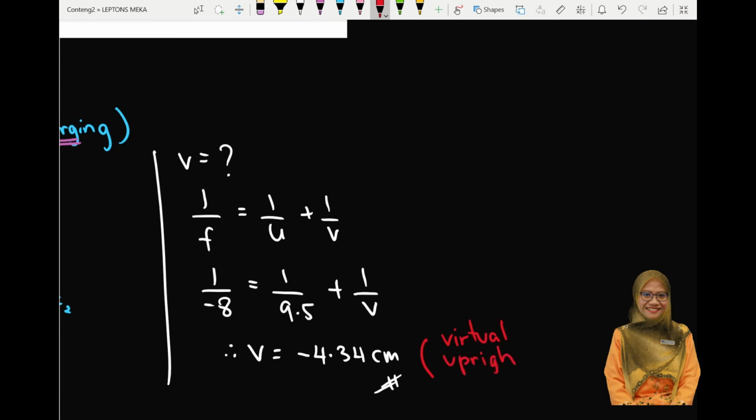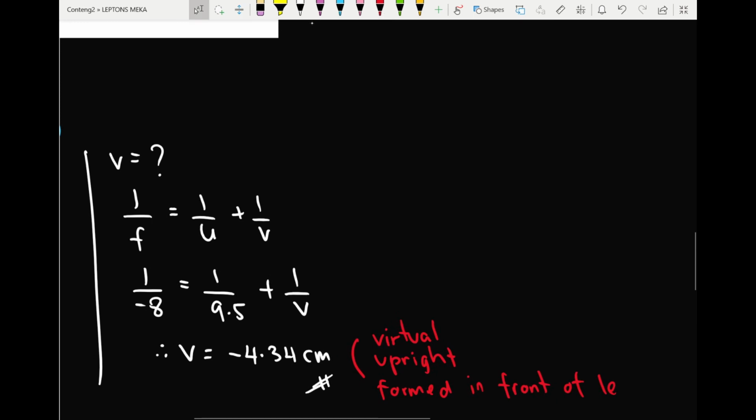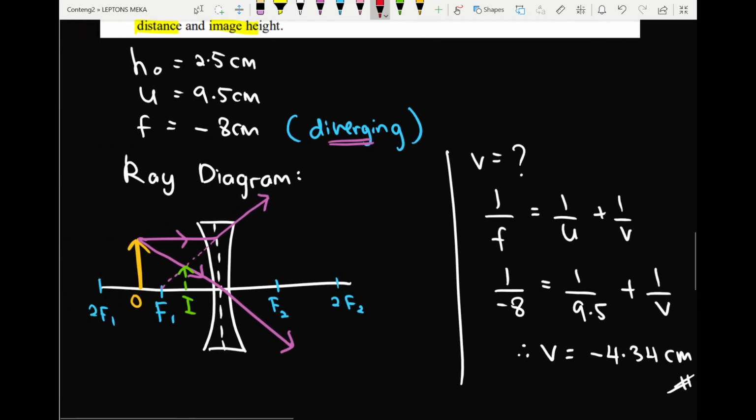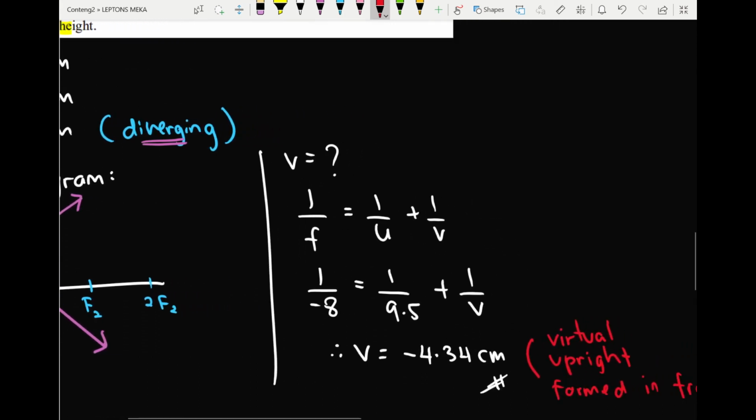Okay, it is upright and it is formed in front of the lens sebab dia virtual. Jika sepatutnya dia tembus, tapi dia tak tembus. Image you dia form in the same side with object. That's why dia adalah virtual. Okay, settle for the V.